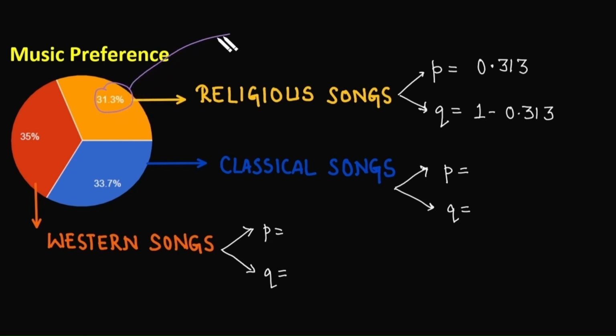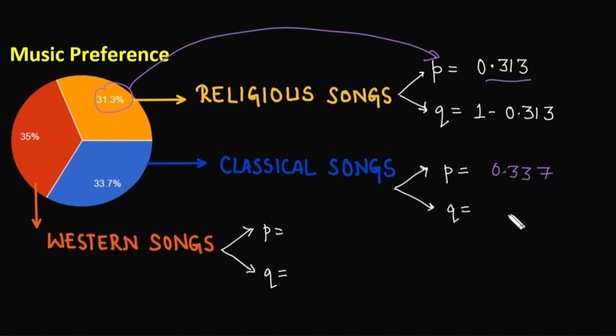So its probability of success is 0.313 and its failure rate is 1 minus this probability. Similarly, you can calculate the probability of getting a classical song preference. That is equal to 0.337.